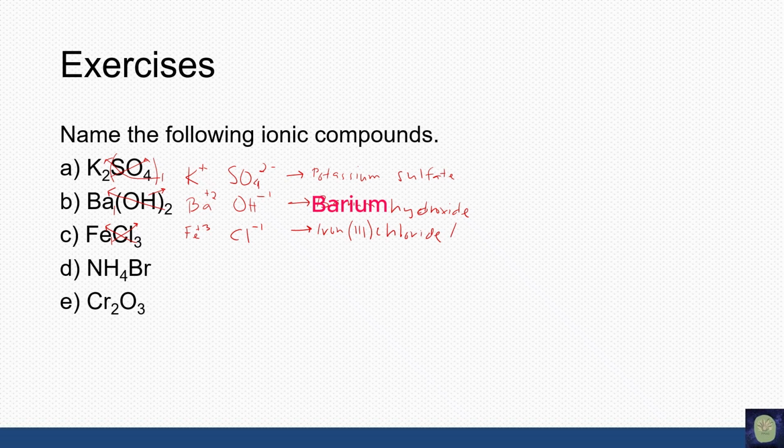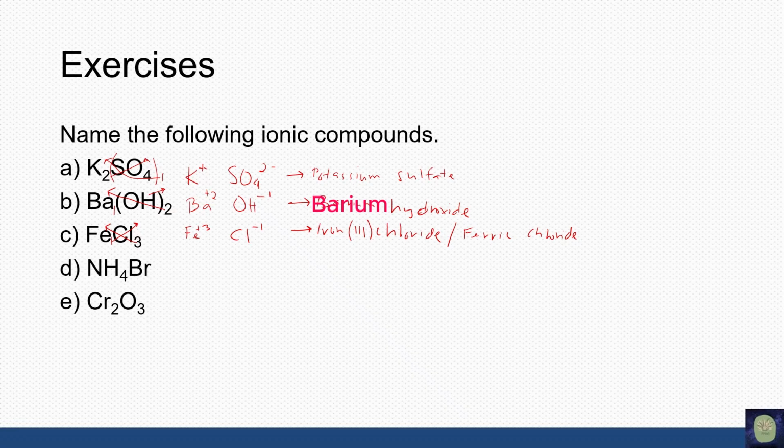Or, remember that we have an older way of naming this using the -ous and -ic. And positive 3 is greater than positive 2. So this would be ferric chloride. So either name is okay. It depends on what you are used to.